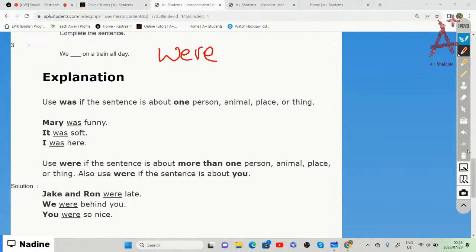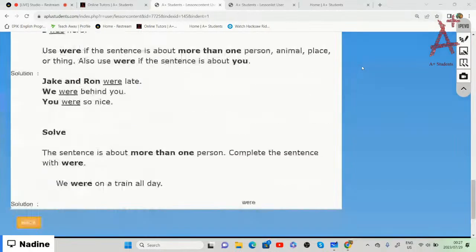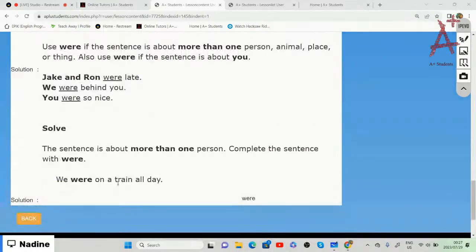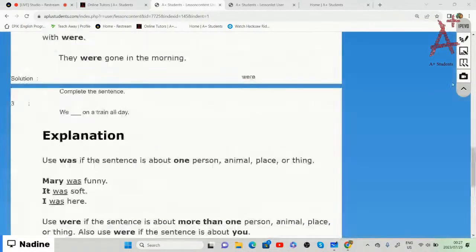So we were on the train all day. So we're going to choose the word were. If we even scroll down, here it says a sentence is about more than one person, right? So we use the word were in that sentence.